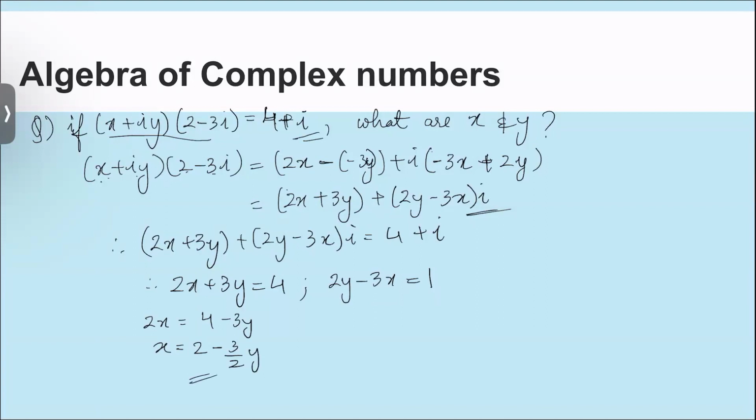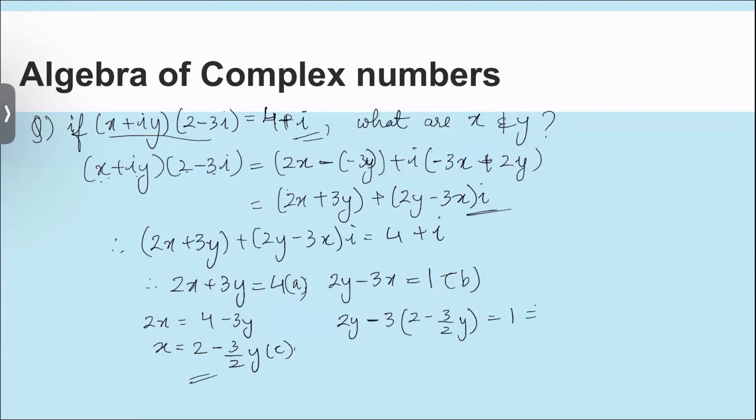Let's substitute this in this equation. Maybe we can write this as equation A and this as equation B, and this is C. So substituting C into the equation B, we get 2y minus 3 times 2 minus 3 by 2 y equal to 1.